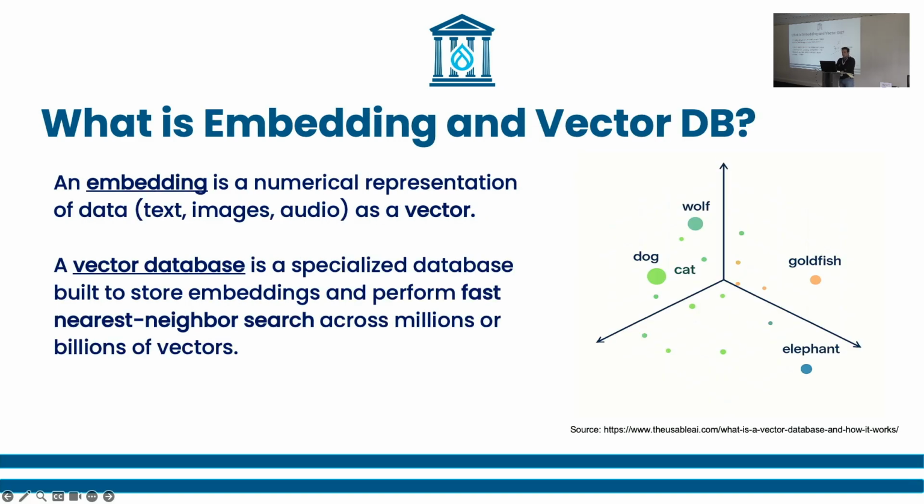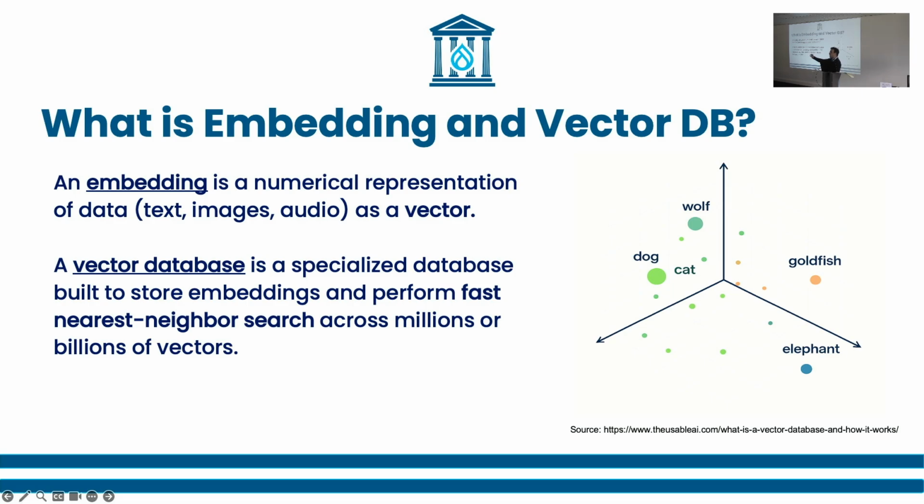What is embedding in a vector database? An embedding is a numerical representation of data, such as text, images, or audio, as a vector. So imagine an array of numbers between -1 and 1, like 0.22, comma, 0.something. This is how we understand where the location, the meaning, of this word is. And the vector database is a specialized database built to store this embedding content.